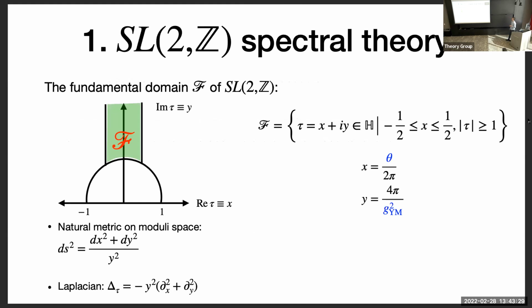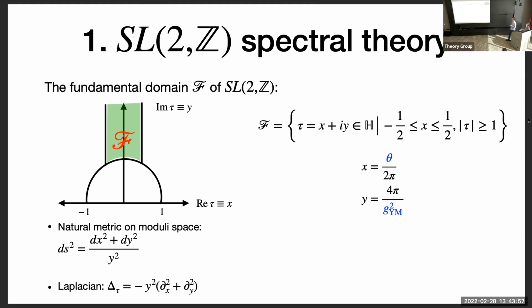Okay, so I've included here a cartoon of the keyhole fundamental domain of SL(2,Z). This is really where you should think of the complexified coupling tau as living. I'll write tau as x plus iy throughout the talk, so that x is basically the theta angle and y is 1 over the Yang-Mills coupling. There's a natural metric on this moduli space, which is just the usual hyperbolic metric on the upper half plane.